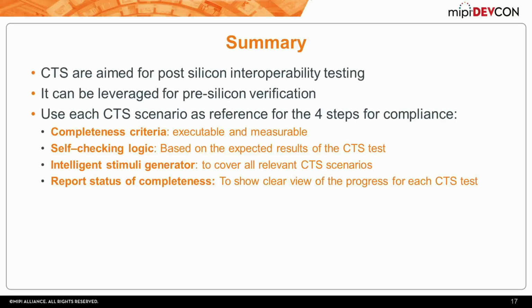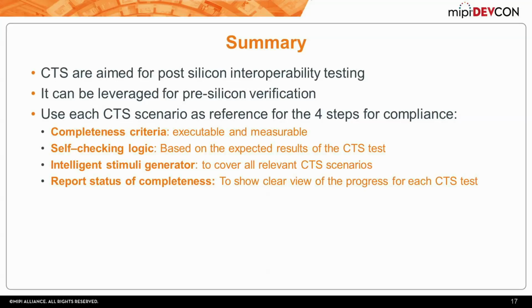And you should use each CTS scenario as a reference. You need to understand from this scenario what is relevant for pre-silicon and what is not. You need to adjust the test a bit to make sure that they are compliant by creating the completeness criteria. Is it even executable or measurable in pre-silicon verification?